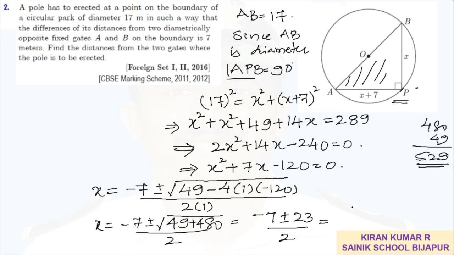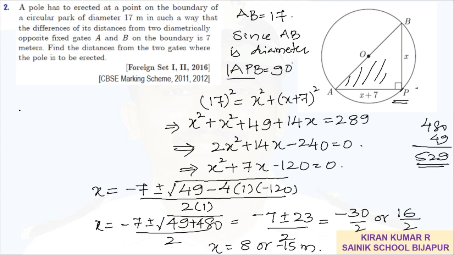We get minus 30 upon 2 if you consider negative, or we get 23 minus 7, which is 16 positive by 2. So the value of x is 8 or minus 15 meters. Here we should not consider minus 15 because the distance can't be negative.